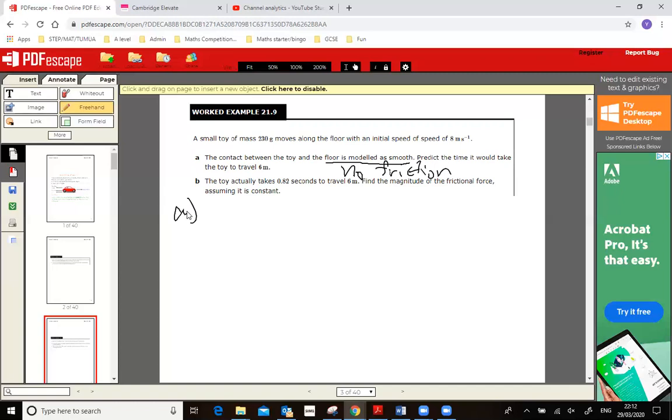So we can just use speed equals distance divided by time, or in other words, time equals distance divided by speed. So that would be 6 divided by 8, and we will get 0.75 seconds for part A.